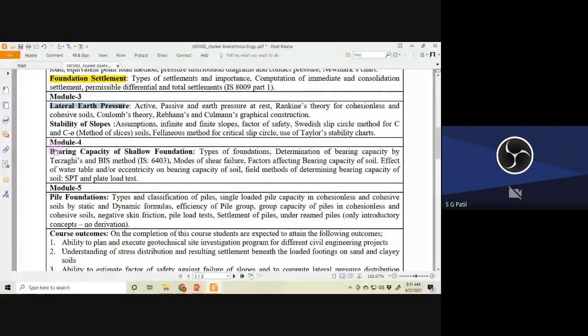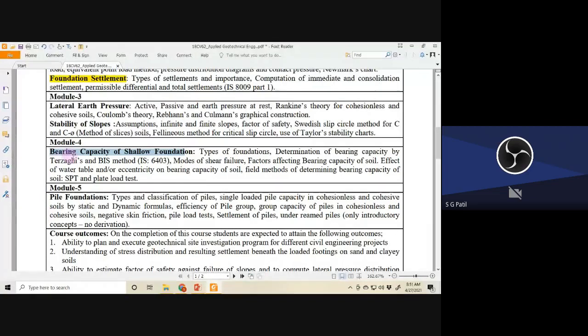Modules 4 and 5 are very important, from the point of view of your examination as well as your practice once you start your career. These are very handy chapters in your career.